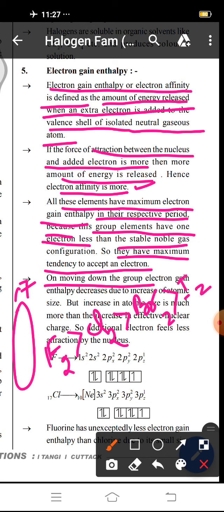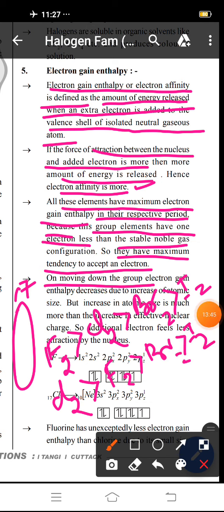But the actual order of electron affinity in group 17 elements is chlorine greater than fluorine, greater than bromine, greater than iodine.